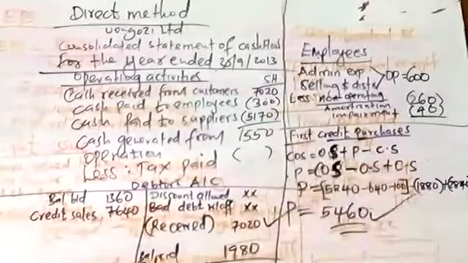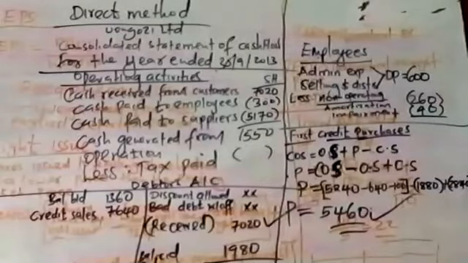Rest is tax paid. Our tax paid initially, from the indirect method, was 260. That is fine. So subtract 260.